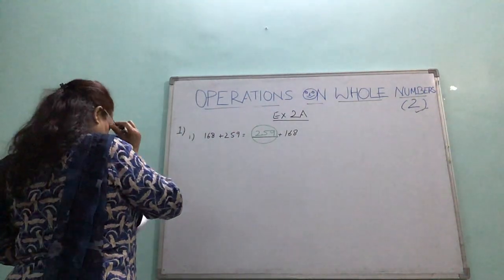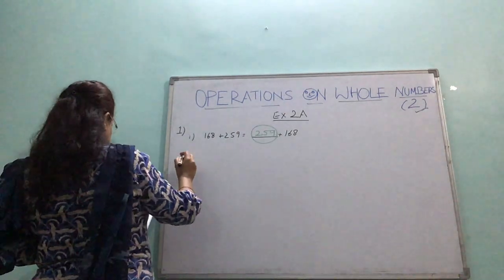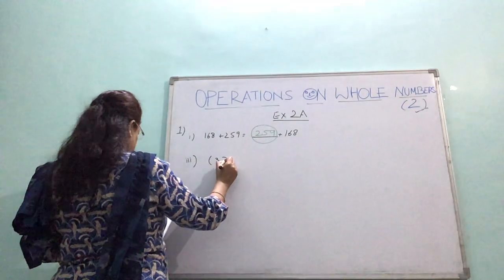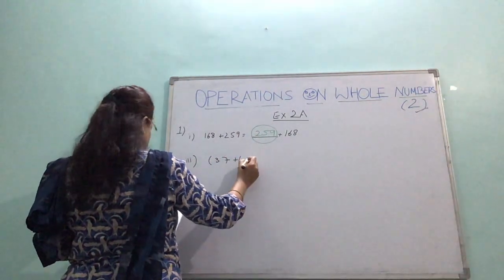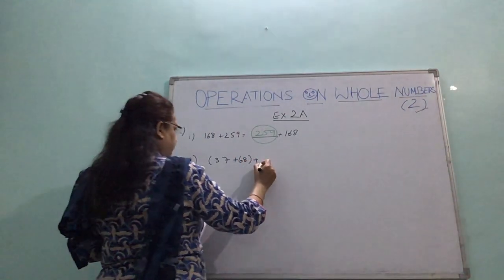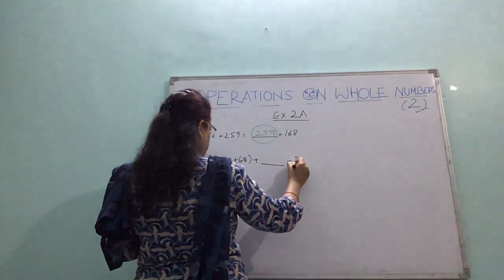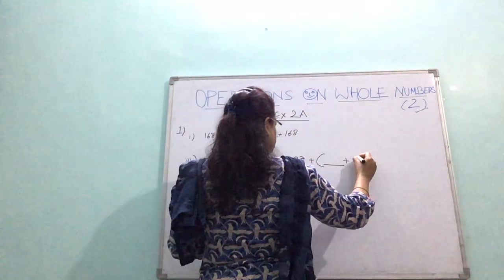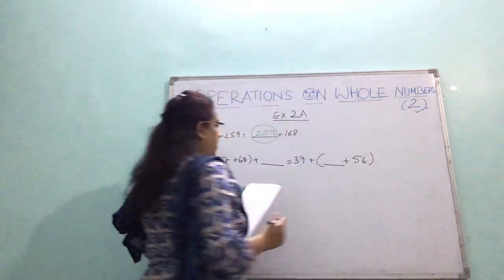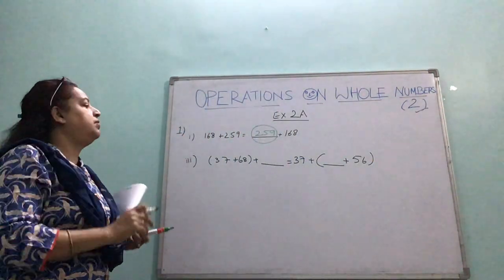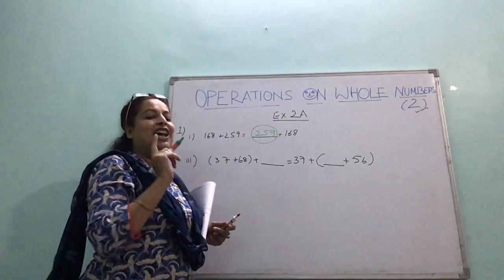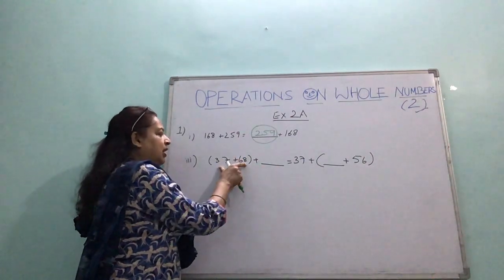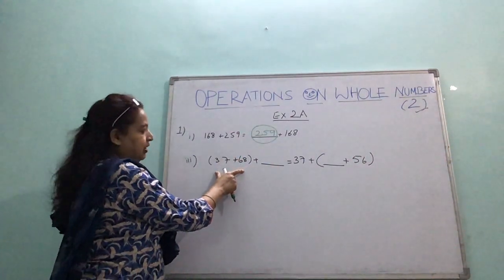Okay, I am taking now the third part. 37 plus blank, also of addition. 56. Alright, more than 2 whole numbers for addition, associative property, remember? In brackets means it is clubbed together.